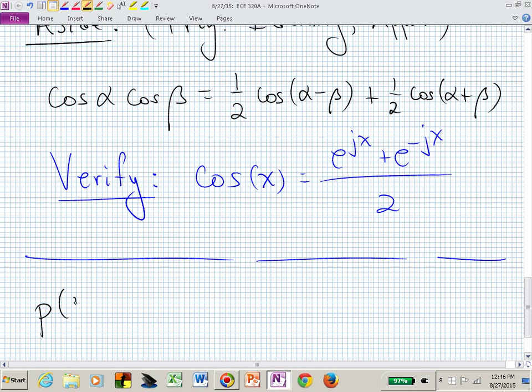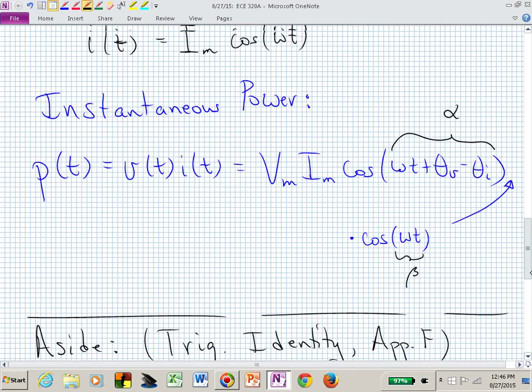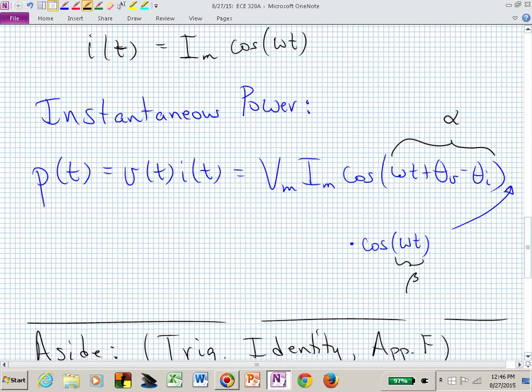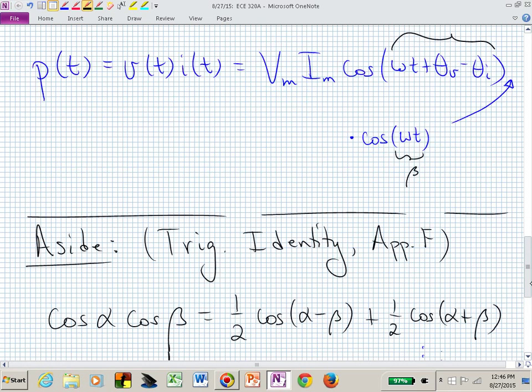So now we have P of t, and we can apply that formula. We now have a 1/2 out front, and we just take the difference of alpha and beta in the argument of cosine for our first term.